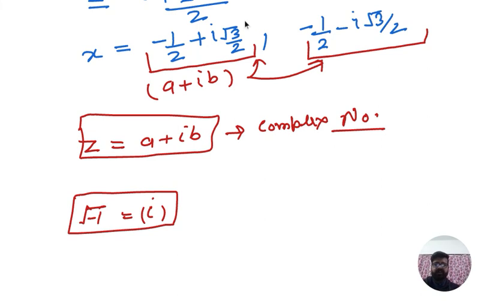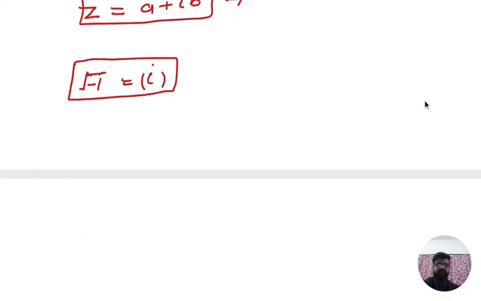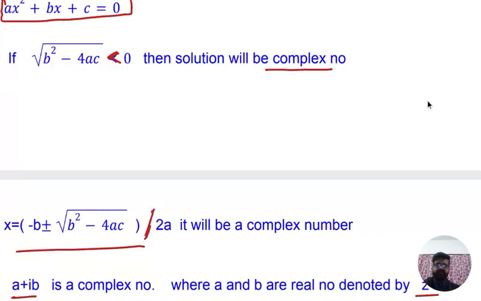Both are complex numbers. I can take either of these roots, anyone we can take. So we take a complex number, and that is minus 1 by 2 minus i root 3 by 2.